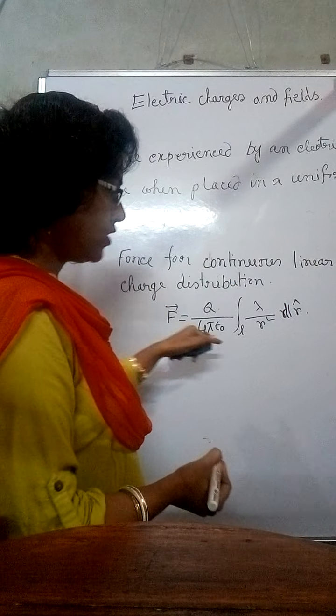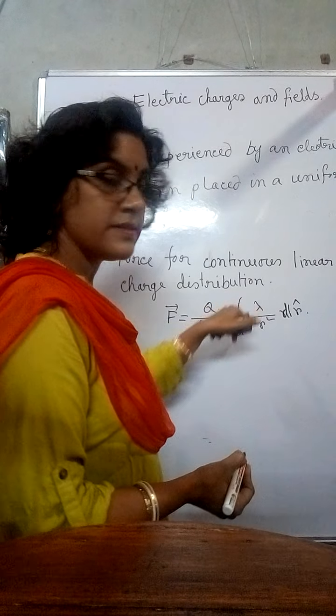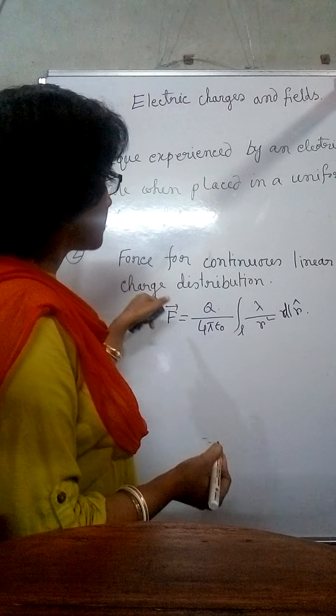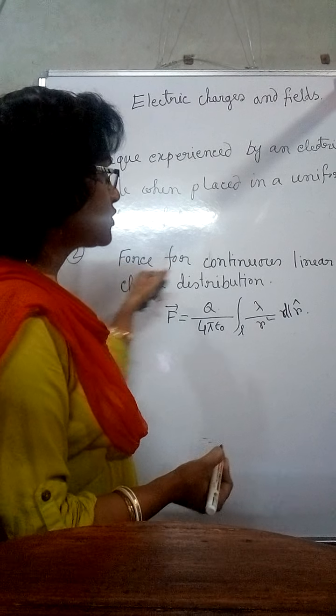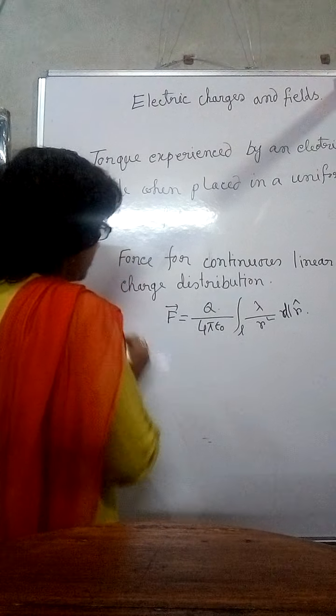So integration over the total length has to be taken, and lambda is the linear charge density. In this way we can get the electric force on the continuous linear charge distribution.